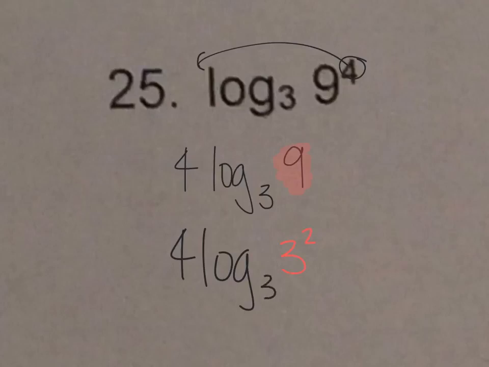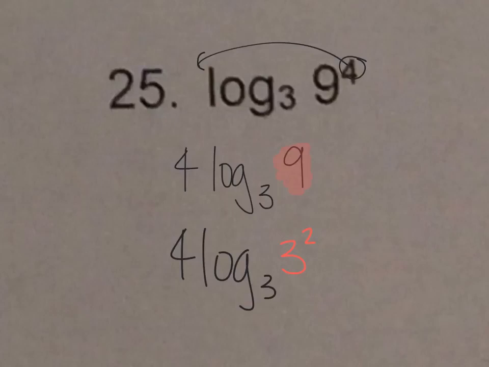I can do that, because isn't 3 squared the same thing as 9? What you have to keep in mind is, is there an equal sign in this problem anywhere? You can't do whatever you want, because we keep talking about the fact that we can do whatever we want as long as we do it to both sides. There's no other side to do that to. That's why I can't just divide by 3. If I'm going to do that, I have to do it twice. I have to keep things balanced.